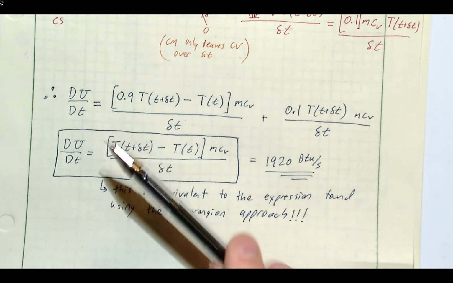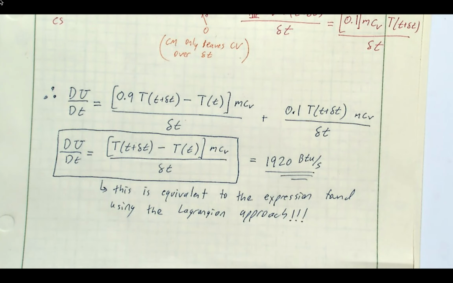But going forward, having an Eulerian approach will make our analysis more straightforward. Instead of following particles around, we can think about things as having a spatial dependence as well as a time dependence, and analyze systems that way.